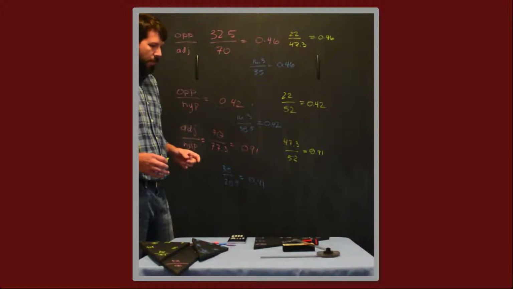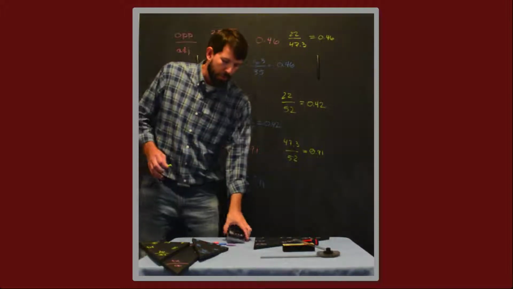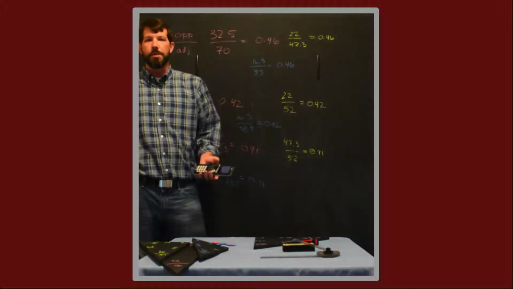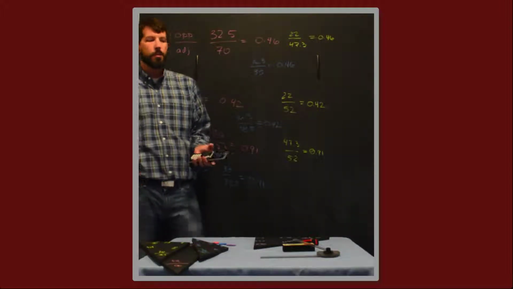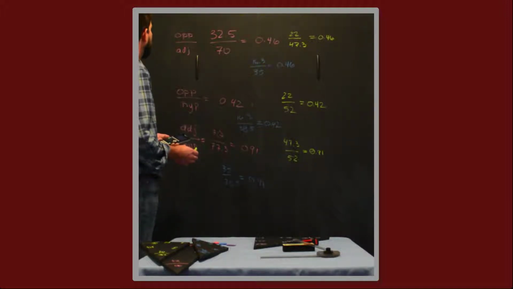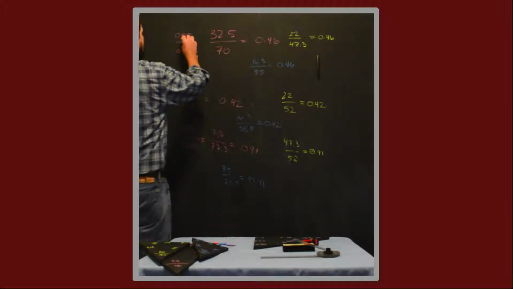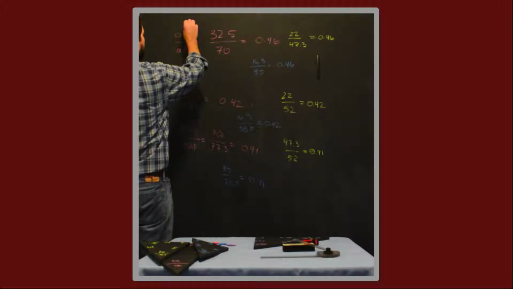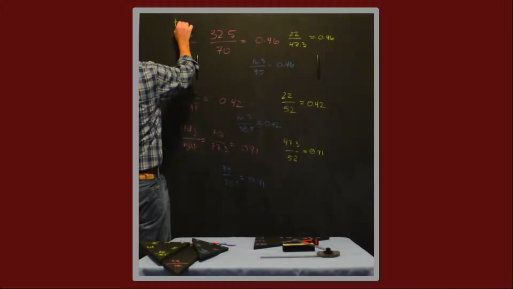Now, that leads us to the 6 trig functions. We'll explore them in detail in a little bit. But for right now, just know that when we're doing the opposite over the adjacent side, that is a trig function called the tangent.